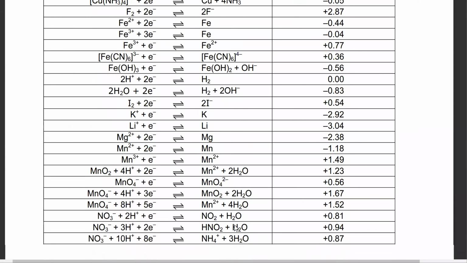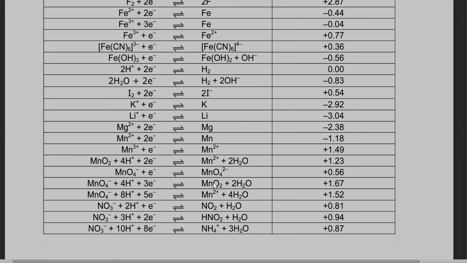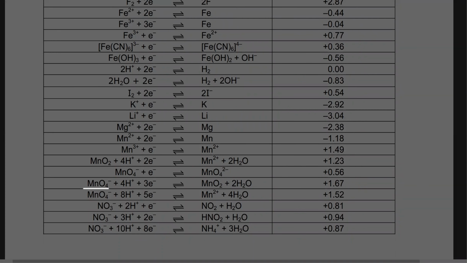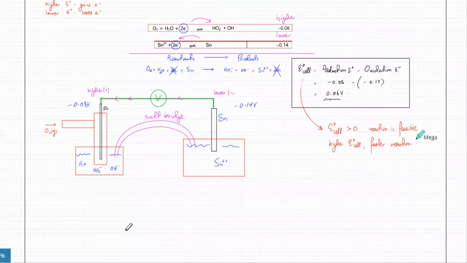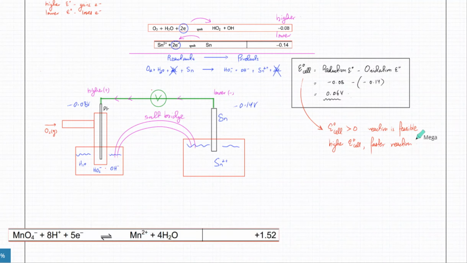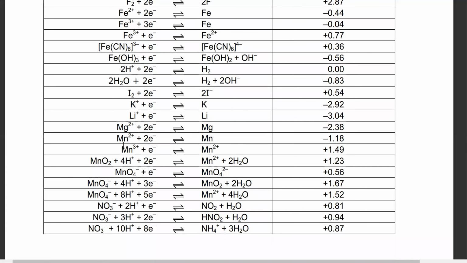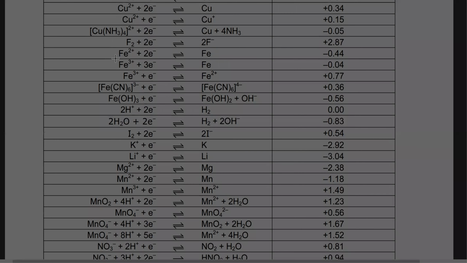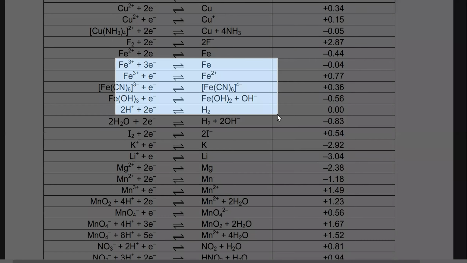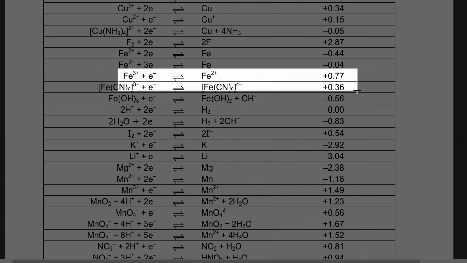So let's say I have this Fe. Where's Fe? MnO4 minus 1. Let's pick this equation, 1.52 volts, and the other one, let's pick this one.